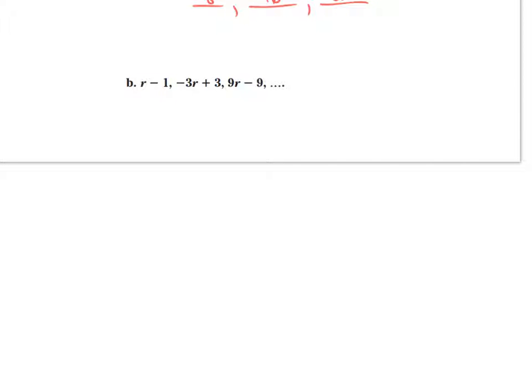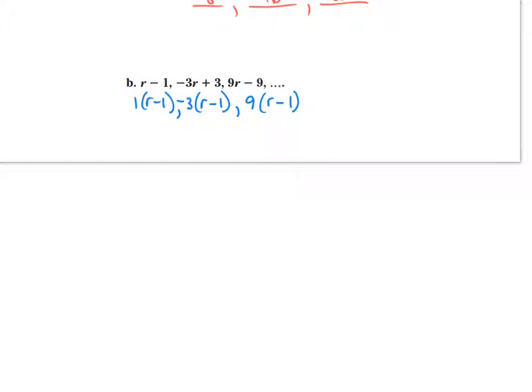Okay, so what about this one? It's a little more complicated, or is it? Oh, it's just like times 3 each time. Right, so if I factor out a negative 3 here, I have r minus 1. If I factor out a 9 here, I have r minus 1. And if I factor out a 1 here, I have r minus 1.